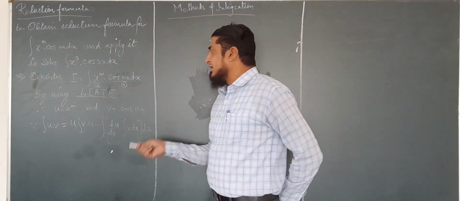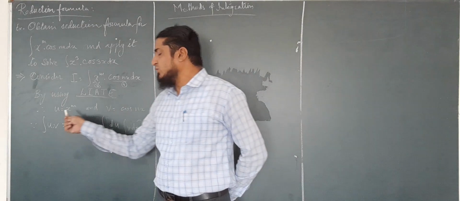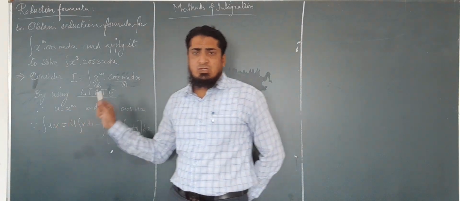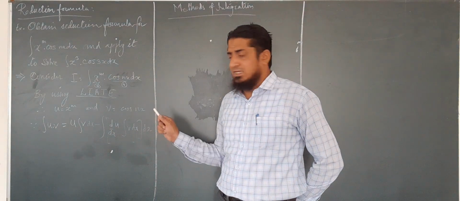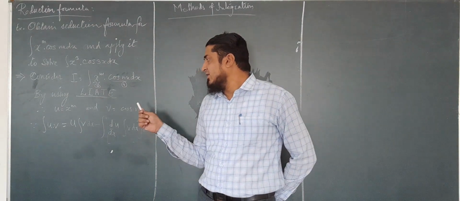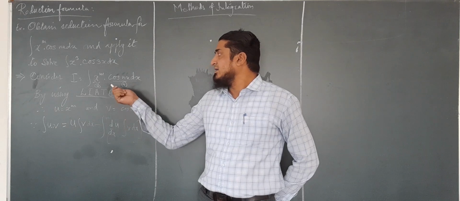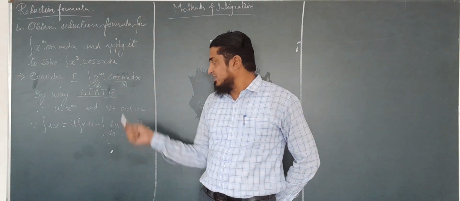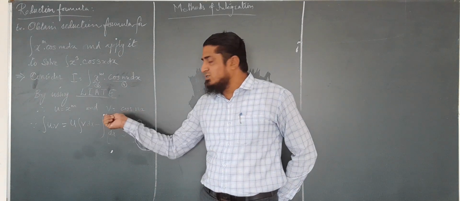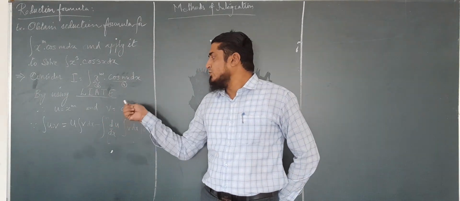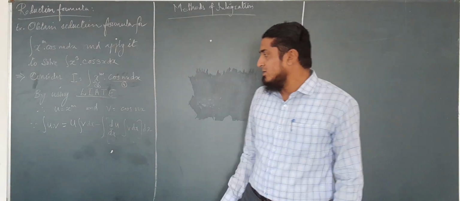The function which in ILATE comes first becomes u, and it is used in this formula only for differentiation, and the function which comes in the next place in the multiplication of two functions is called v, and it is used for integration in this formula.